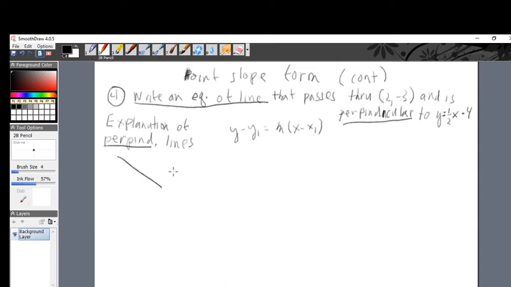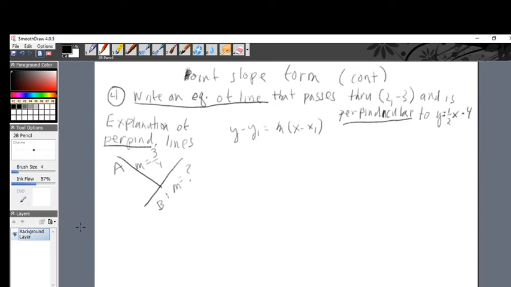Let's say you have a line A right here and a line B. And we know the slope of A is equal to 3/4. But what is the slope of B?